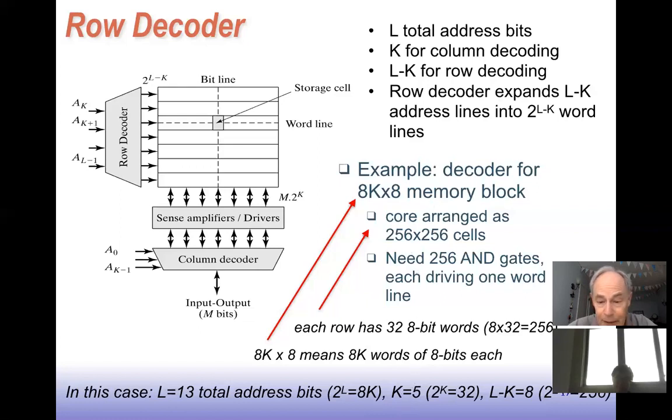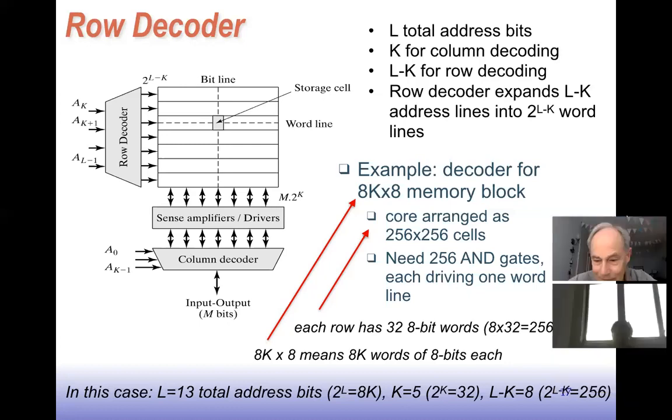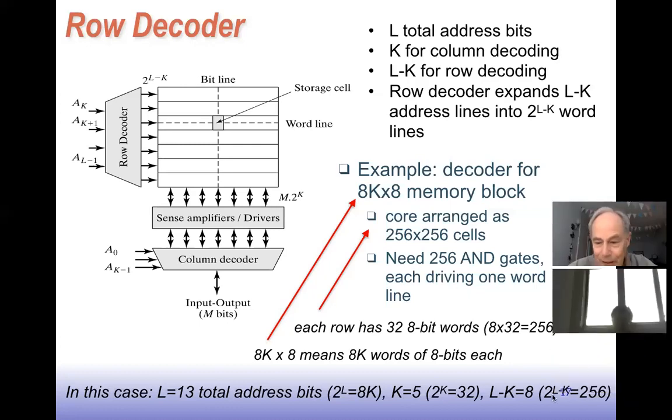In this example, K would be equal to 5, because we have 32 words per row, and K tells us how many address bits select a word within the row. L minus K is the leftover address bits, which would be 8. Those determine the number of rows, so 2 to the L minus K is 256. That would tell us how many rows.